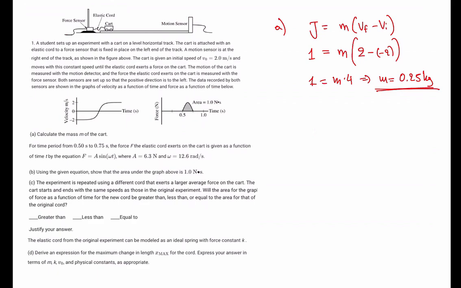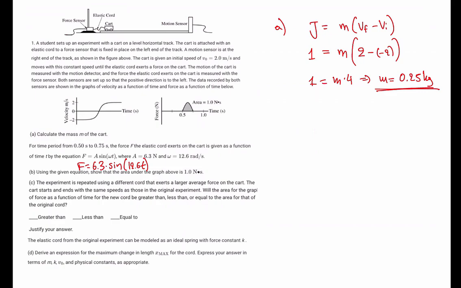Now for part B, we consider that the time that the force acts is between 0.5 and 0.75 seconds, and the force can be modeled by a sine function. So the force is equal to 6.3 times sine of 12.6 t, and since the omega is given in rad per second, we need to make sure that when we do calculations the calculator is set in radians.